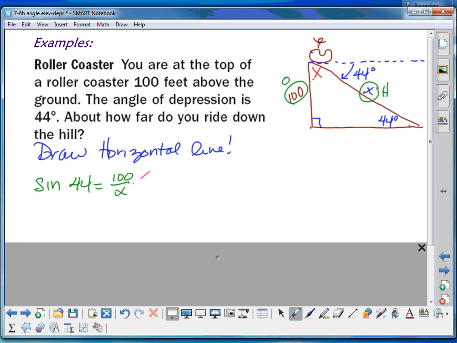Multiplying both sides by x and then dividing by sine 44, x is equal to 100 divided by the sine of 44. When you put that in your calculator, it should come out to about 144 feet.